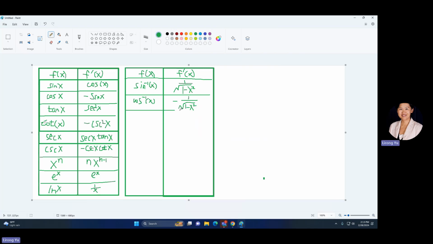And one other one I think we should remember is tangent inverse, also called arctan. The derivative of arctan is 1 over 1 plus x squared. All right, this is all the formulas I think would be helpful. I didn't include secant inverse and cosecant inverse. Let me see your formula card.